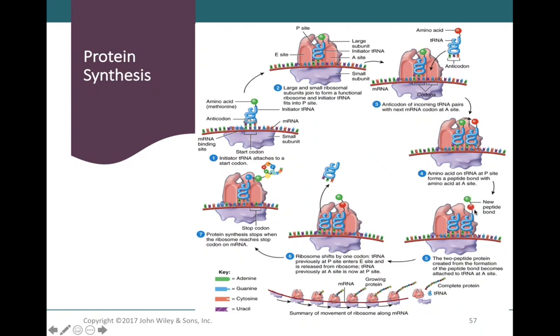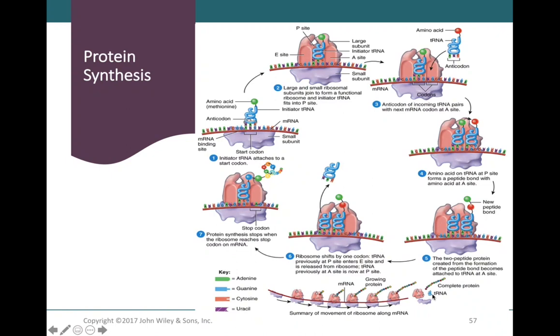So remember, a protein is just a very, very long chain of amino acids. We're forming these new polypeptides as we go through. You can see down here that as our ribosome moves along the mRNA, it's going to shoot amino acids out in a chain and eventually give us our protein.